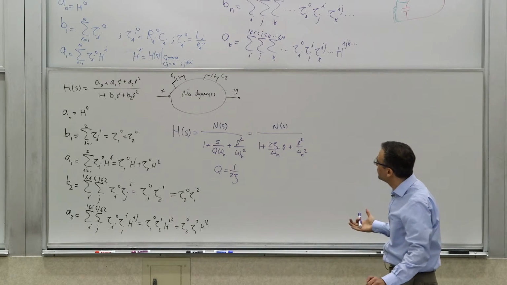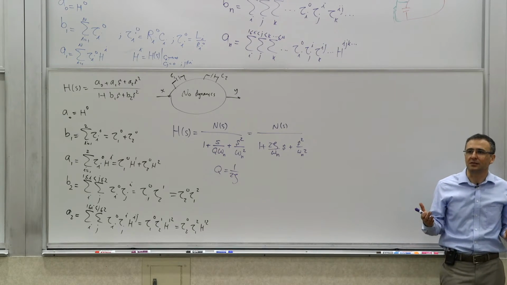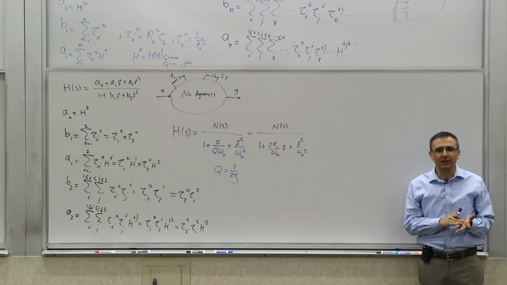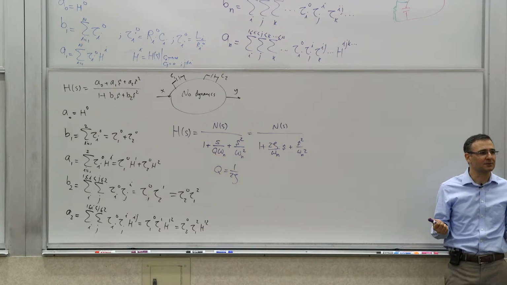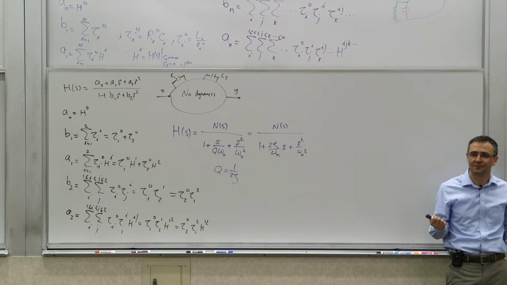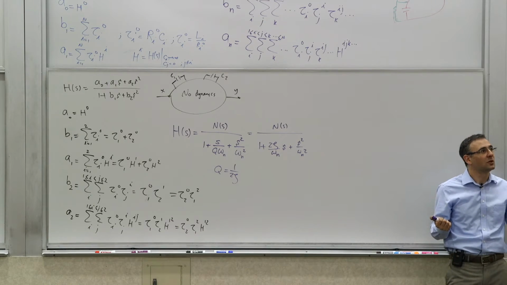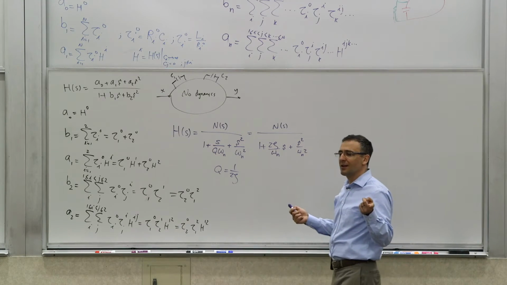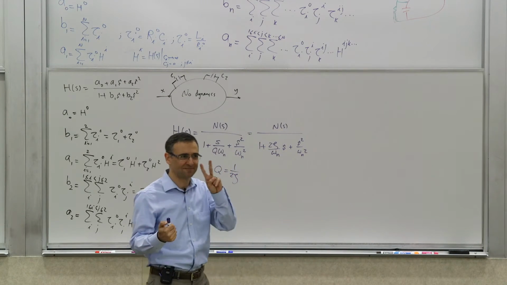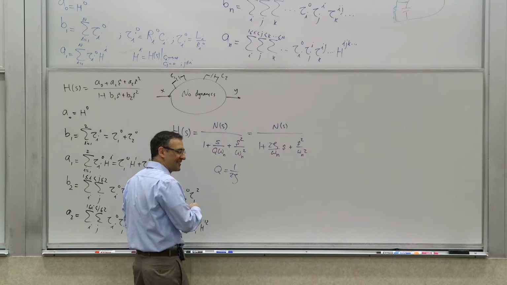So what is Q, by the way? What is the quality factor in a circuit? What's the definition of quality factor in a resonator? The ratio of energy stored divided by the energy dissipated times 2 pi. Yes, correct.